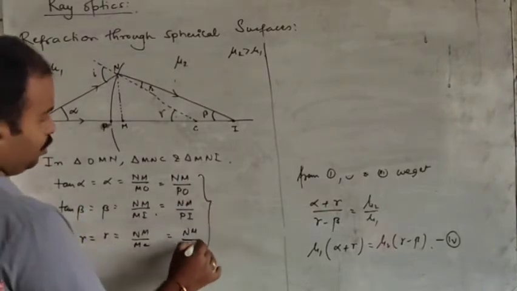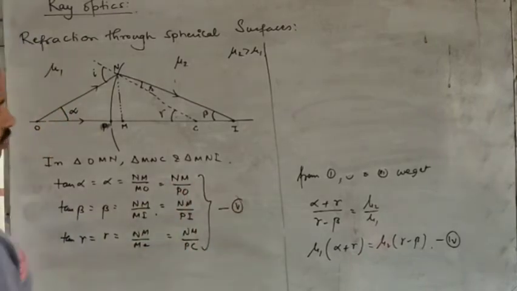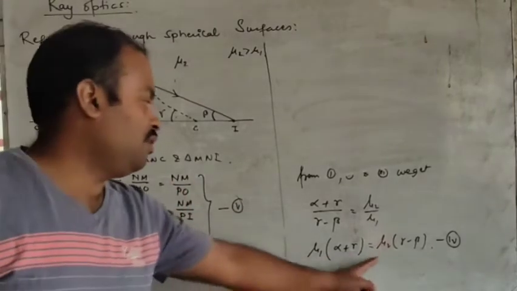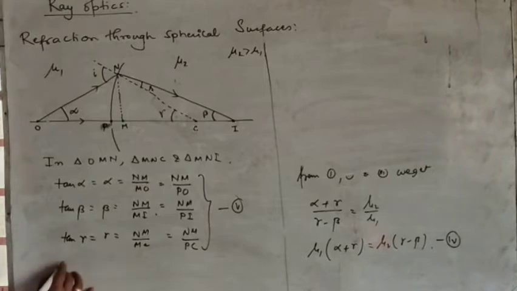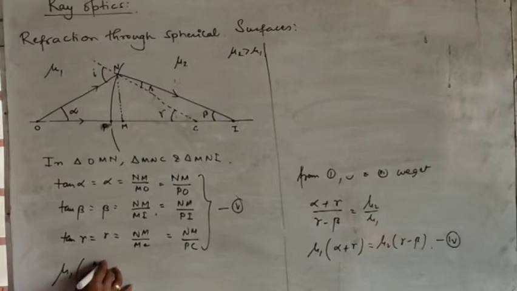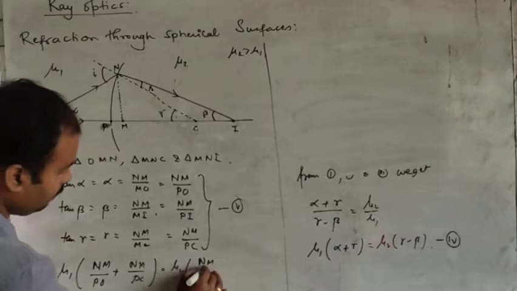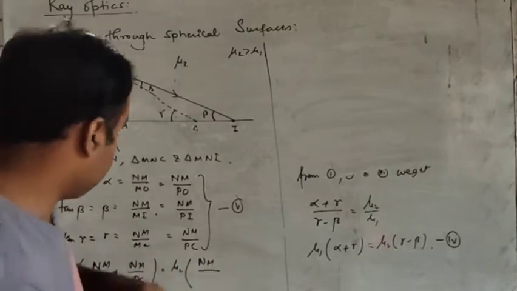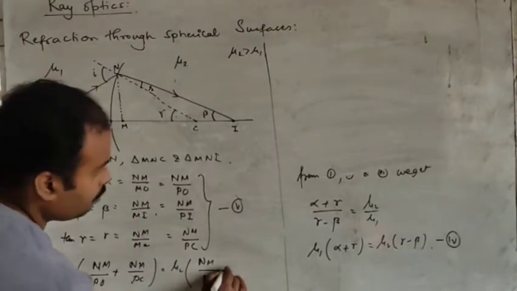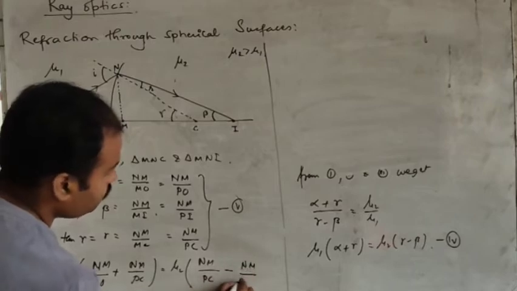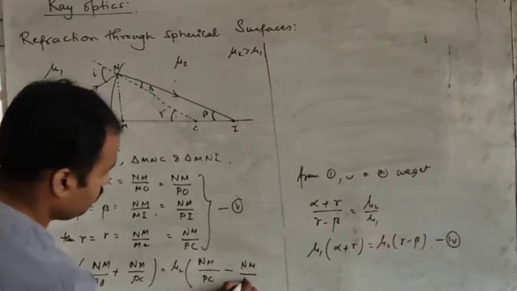These equations, if I consider as equation 5, then from equations 5 and 4 we get mu1 times (NM by PO plus NM by PC) equals mu2 times (NM by PC minus NM by PI).